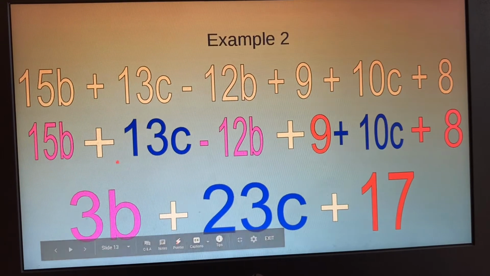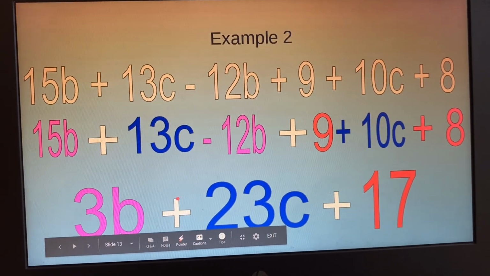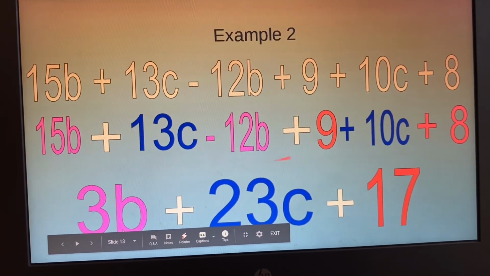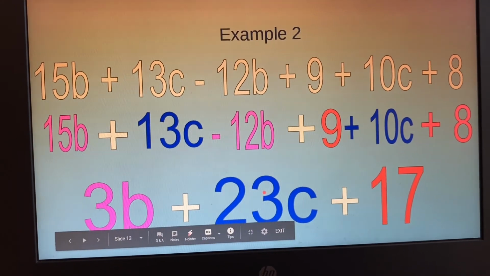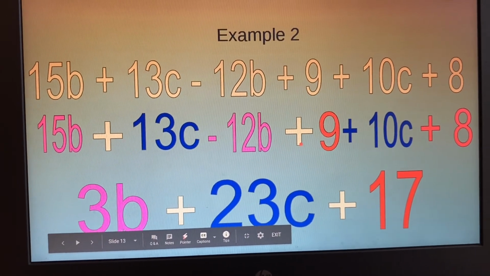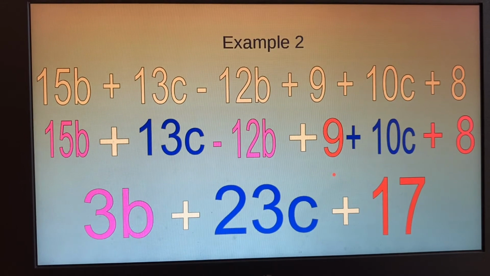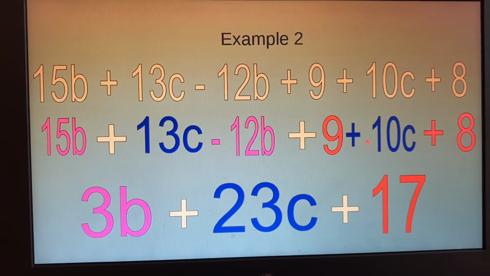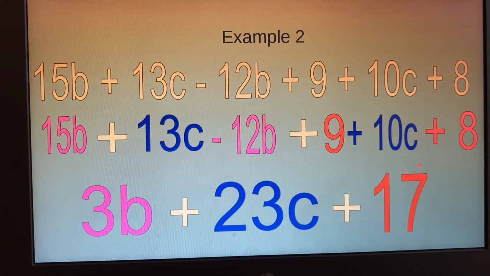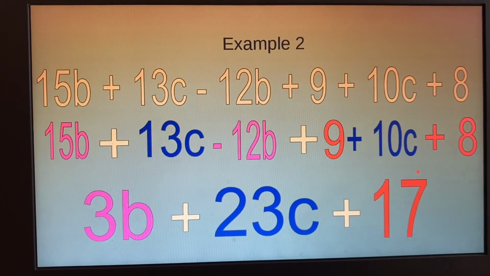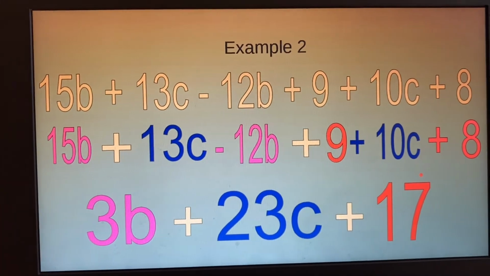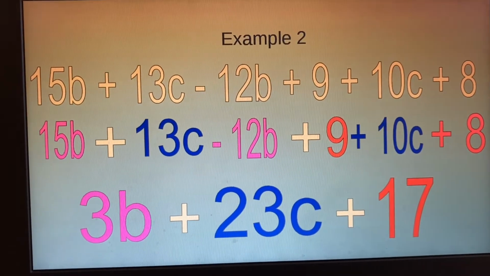We bring down a plus sign that was unused. 13c plus 10c is equal to 23c. Then we bring down the last plus sign that was unused, and then we can do the constants 9 plus 8 to equal 17. The simplest form of this expression is 3b plus 23c plus 17.